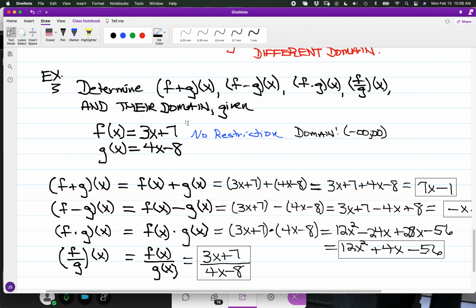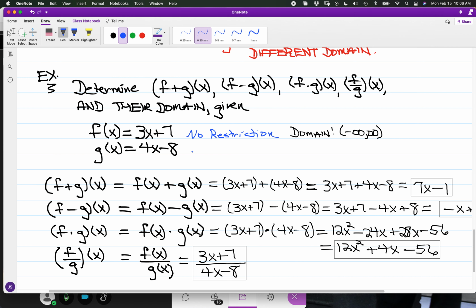And along with that, we have g of x, which is 4x minus 8. And this also has no restriction. The domain is also going to be the set of all real numbers.